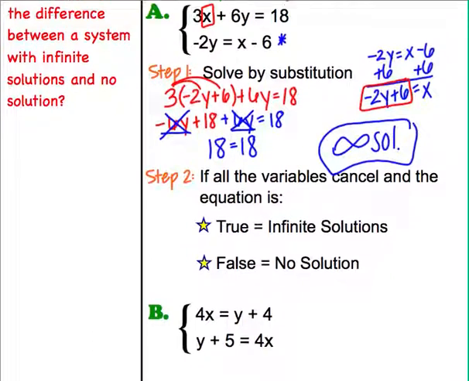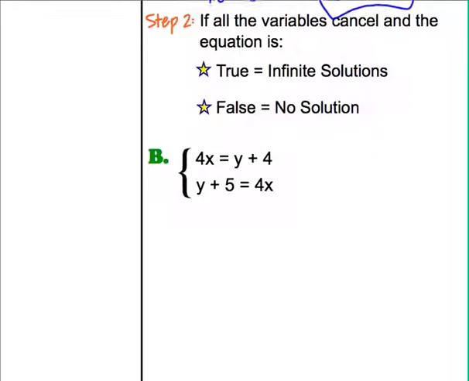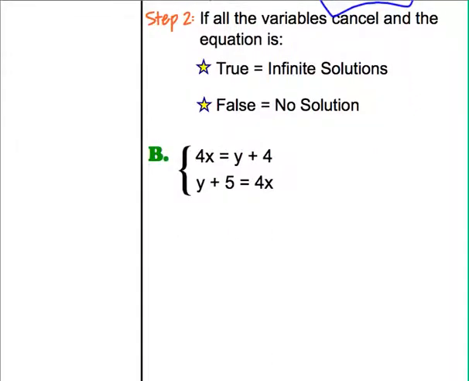So now let's take a look at this example. We have 4x plus y equals y plus 4 and y plus 5 equals 4x. So I'm going to go ahead and work with this second equation again. I'm going to take y plus 5 equal to 4x, and I'm going to subtract 5 from both sides, giving me y is equal to 4x minus 5.